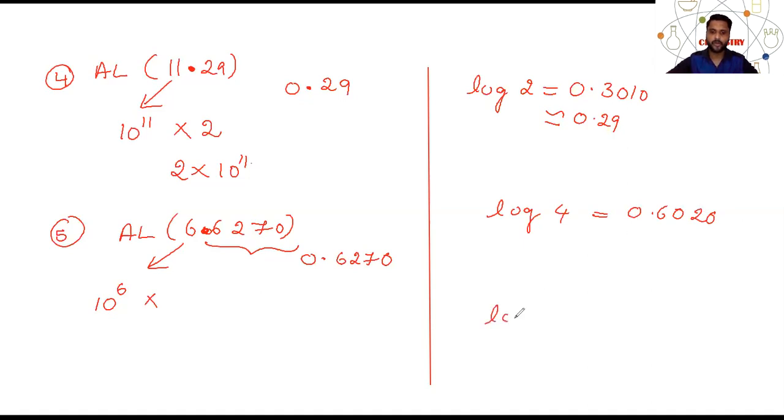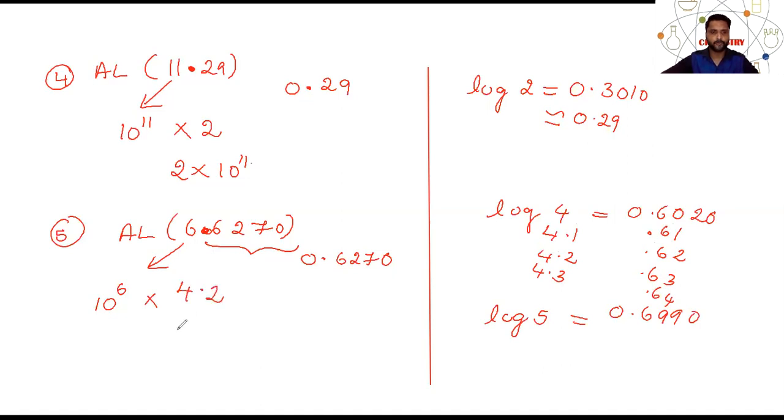Then we have got log 5 is equivalent to 0.6990. So can do the approximation like 0.61, 0.62, 0.63, 0.64. So can go on writing 4.1, 4.2, 4.3. So what I'll do now, I'll take approximation, let it be 4.2. Therefore, the final answer is 4.2 into 10 to the power 6. Right?